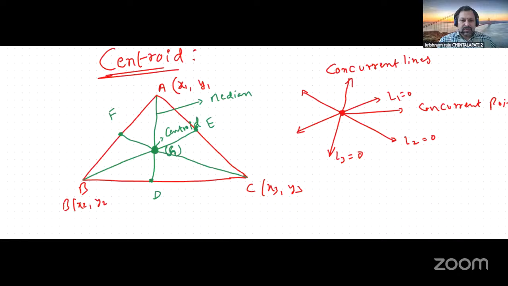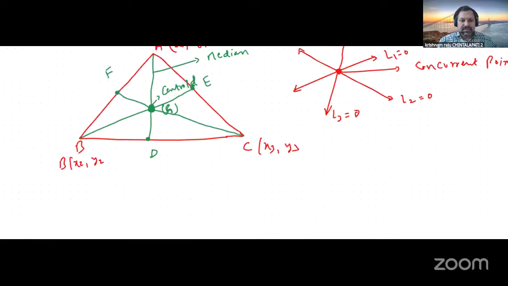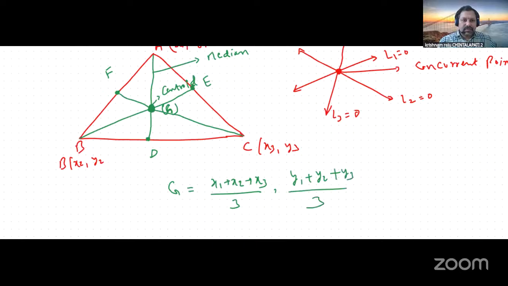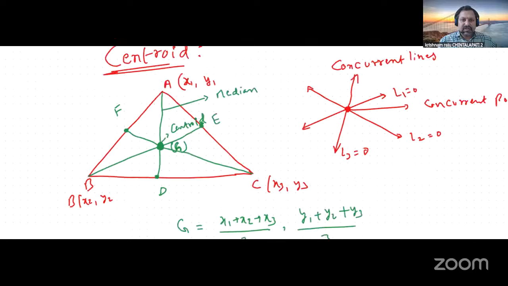Already in 2D geometry, you learned the centroid G can be written as x1 plus x2 plus x3 by 3, and similarly y1 plus y2 plus y3 by 3. Now this is 3D geometry, so the vertex A is x1, y1, z1, vertex B is x2, y2, z2, and C is x3, y3, z3.